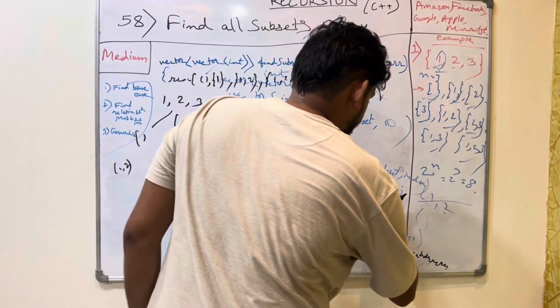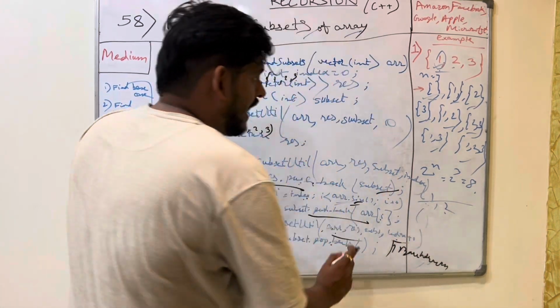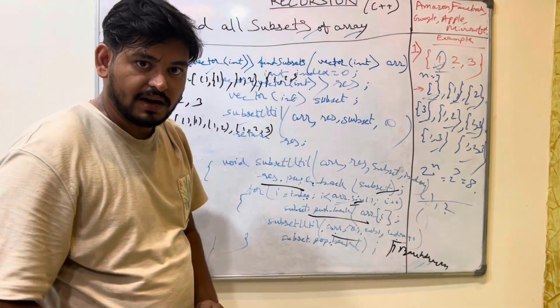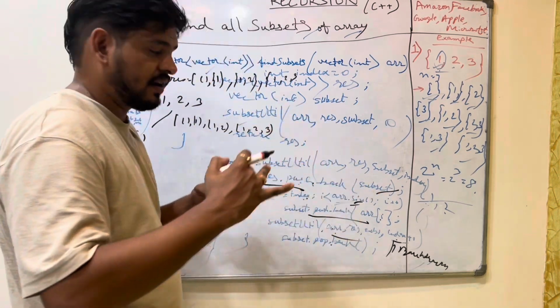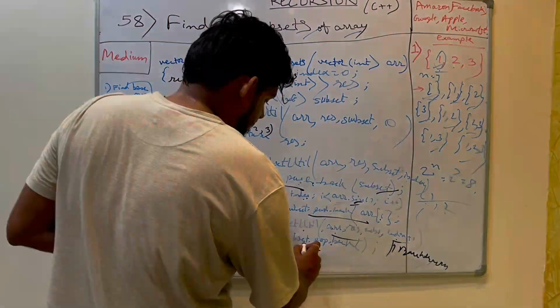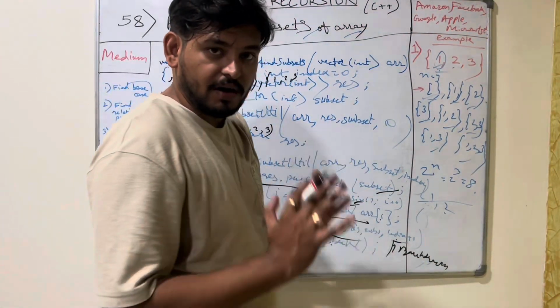So this will be finished, and we go back in recursion. Once your function is done, the result goes to the upper part of the stack. After 1, 2, 3 is done, we are popping this out, so now our subset becomes 1, 2.